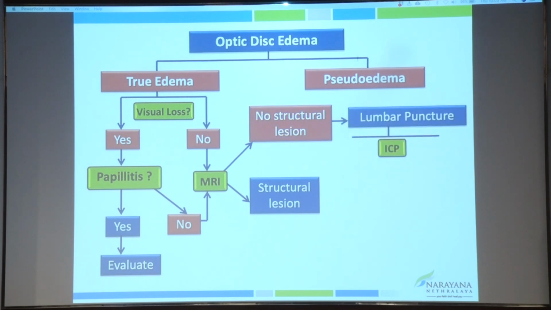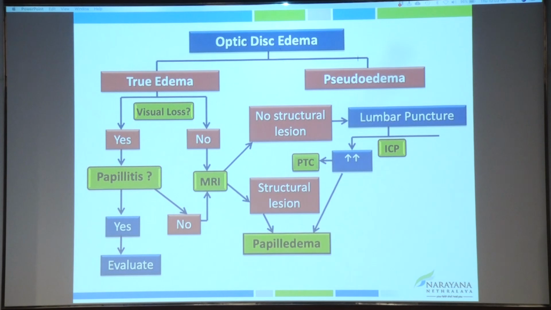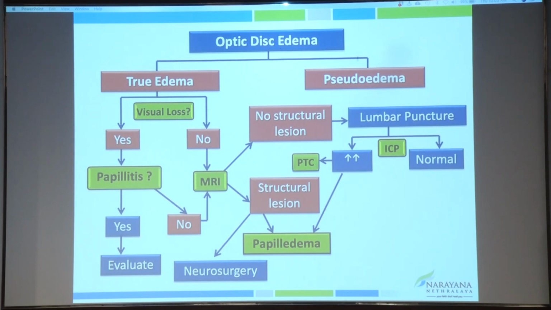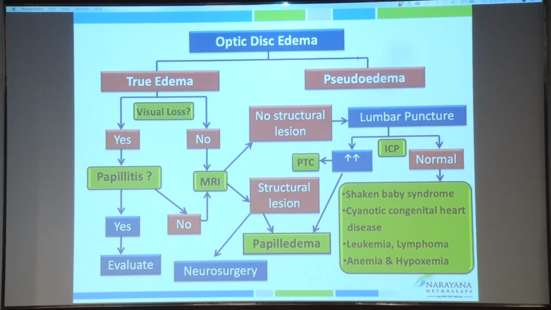In no structural cause, get a lumbar puncture done and the opening pressure checked to confirm pseudotumor cerebri. And if there's a structural disease and presence of high lumbar puncture pressure, we are diagnosing papilledema, and we'll need a neurosurgical intervention. But if the lumbar puncture is normal, then we have to look at other causes.